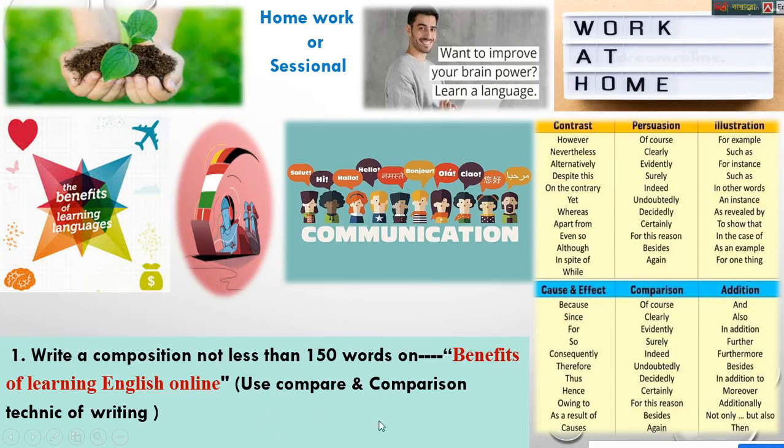If you want to follow this technique of writing, using comparison, you can pick some linkers here: clearly, evidently, surely, indeed, undoubtedly, decidedly, certainly, for this reason, besides, again, and so on.